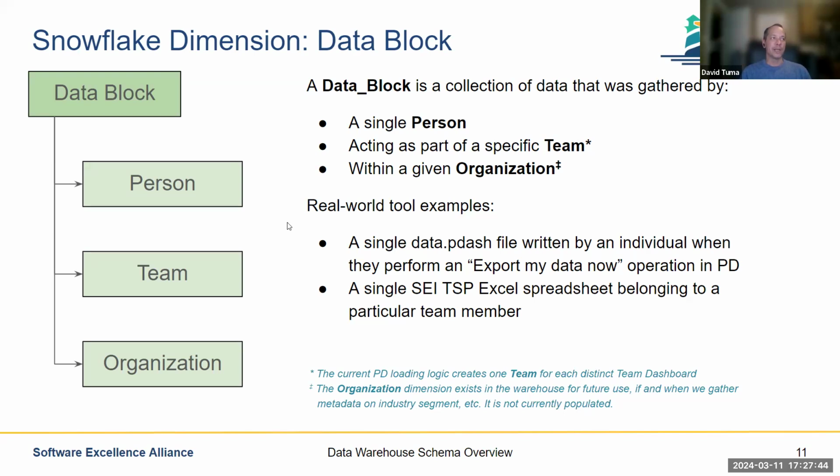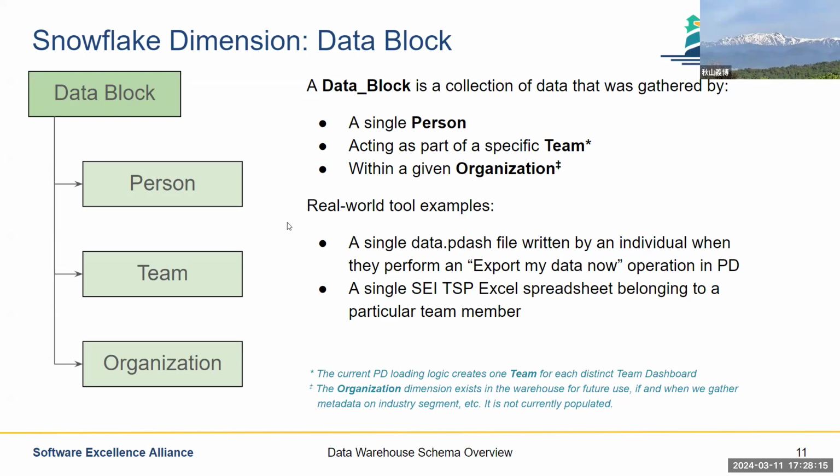If we had a data warehouse that was as big as the entire world, then theoretically we might have organizations in it representing different companies that used TSP. However, we're not there yet. This is an area where the warehouse design is actually 12 steps ahead of the data that we're actually gathering.